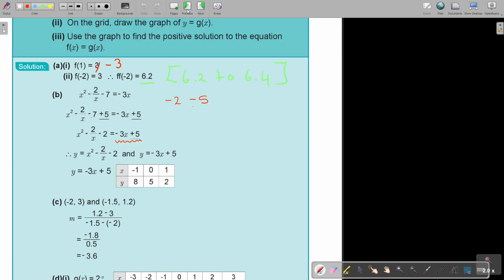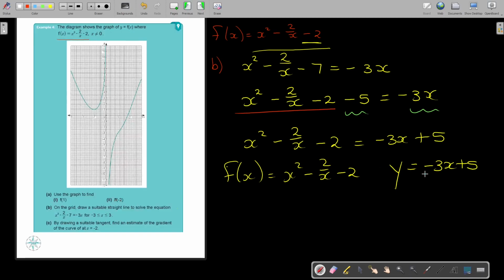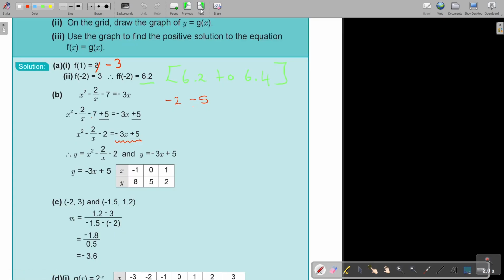It's also coming to negative 3x plus 5. Finding that other equation. Okay. So basically, I just add 5 on both sides, whereby the other one I just did a bit different, getting it first on the left-hand side, correct.